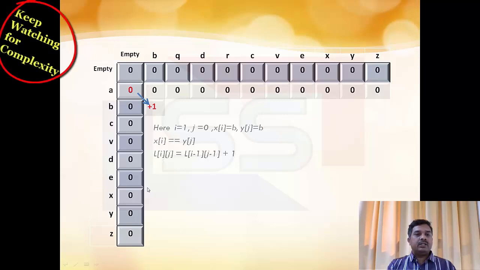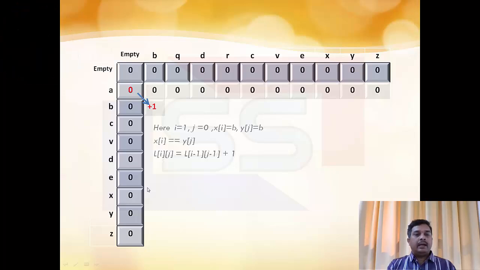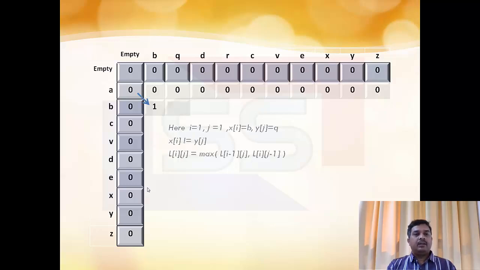L[i-1][j-1] is this cell and we want to add 1 to it. So the value will become 1. Instead of saying i minus 1 and j minus 1, we can say it's the immediate left-hand top corner, and we'll keep on marking wherever these arrow marks are there.